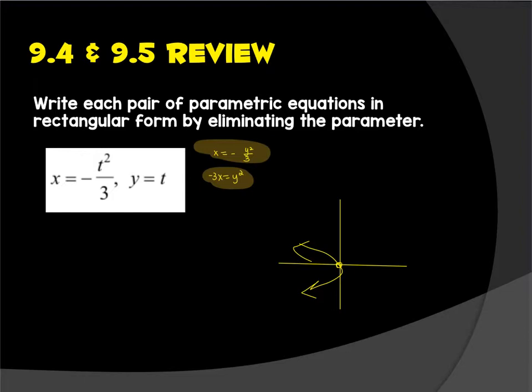If I had asked you to approximate the graph, remember this time it's an approximation, you don't know where it stops. This would be a parabola that's pointing to the left because it's a y squared and a negative 4p. So you would have had a point at 0, 0, and then point your arrows to the left-hand side. This time you don't have direction, so you don't have the arrows moving along it, okay? Just make sure that you'd be able to approximate that graph.